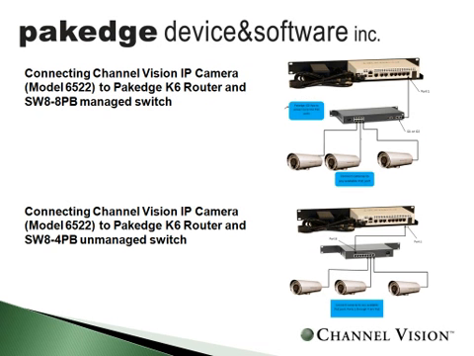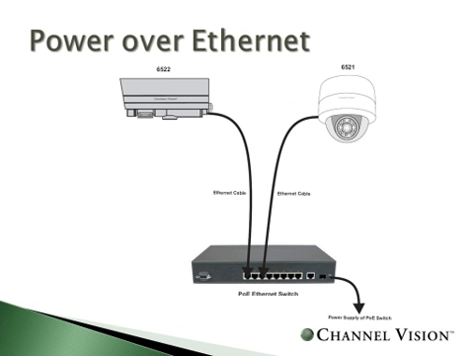And the good news is that ChannelVision IP cameras have been certified to work with a handful of their pieces of equipment as well. So to recap the power over Ethernet platform, simply plug your camera into the network PoE-enabled switch, plug the network into the switch as well, and don't forget your power cable. And after that, your camera will be live.